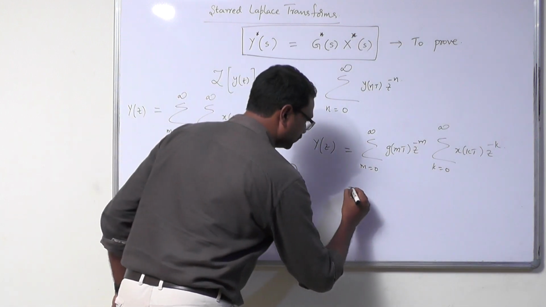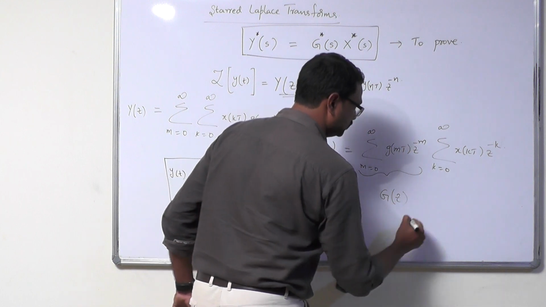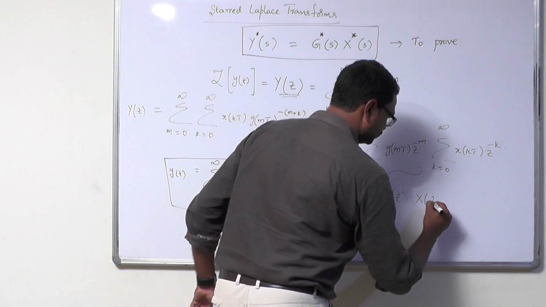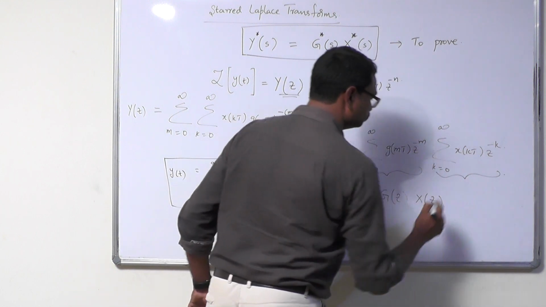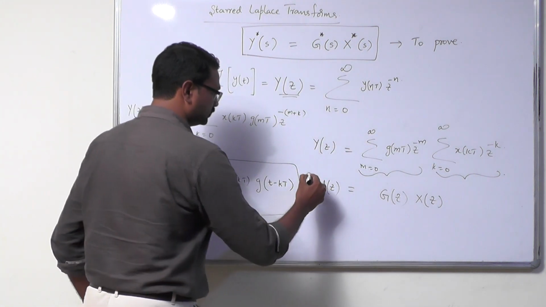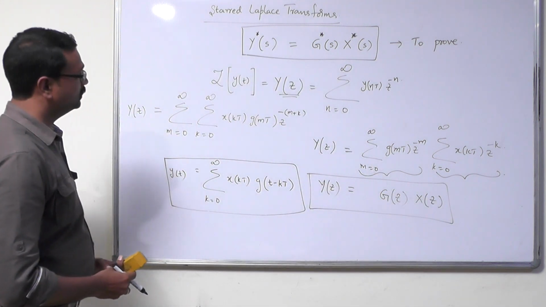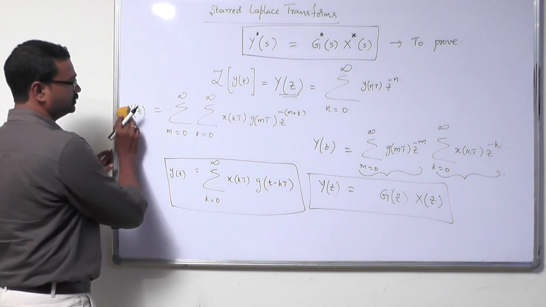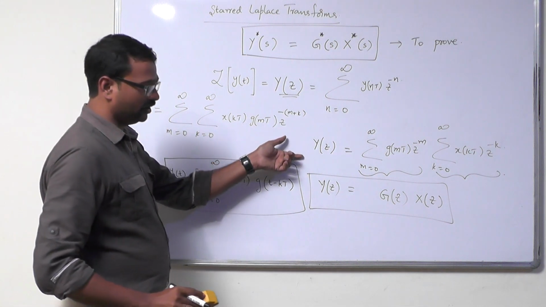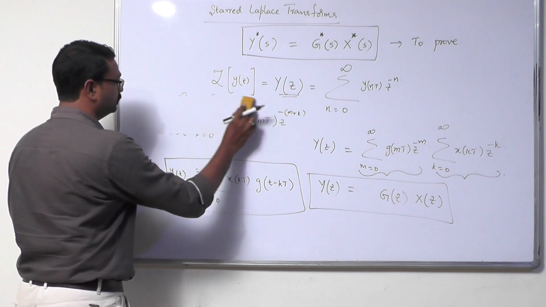Now with this in mind, you can say that by definition, this is g of z and this is x of z. Therefore, y of z, we have proved that y of z is equal to g of z into x of z.